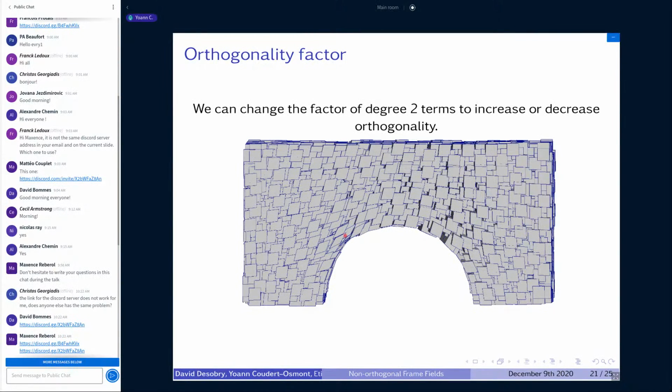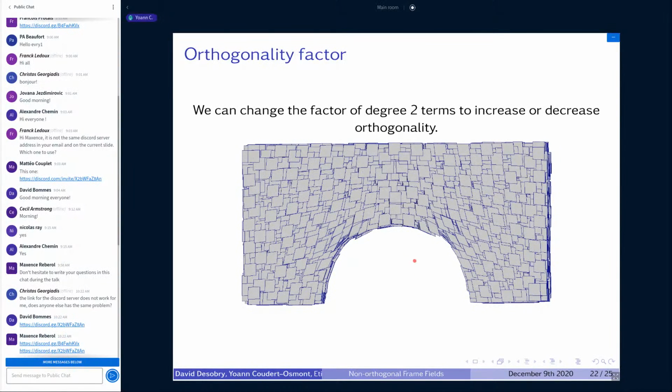So it puts the singularity on the border. And if we decrease again, we get the same thing on the right of the image. And the two singularities have been put on the border. So we get a result that looks like a polycube.